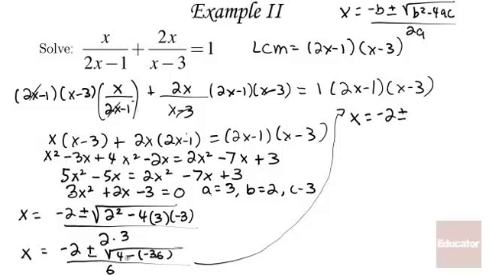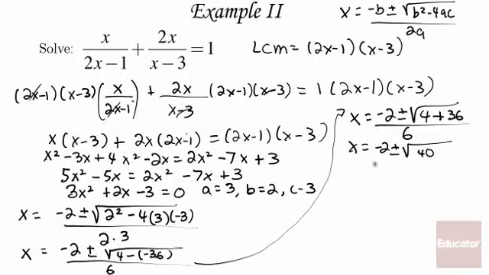I can do some simplifying in here. 4 minus negative 36. Well, that's really 4 plus 36, because I have a negative and a negative. So I have a positive. 4 plus 36 all over 6. I continue on. x equals negative 2 plus or minus the square root of 4 plus 36 is 40.